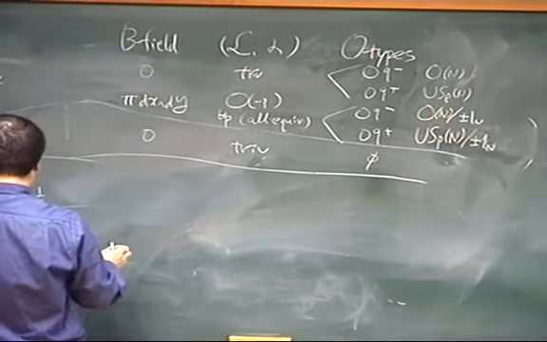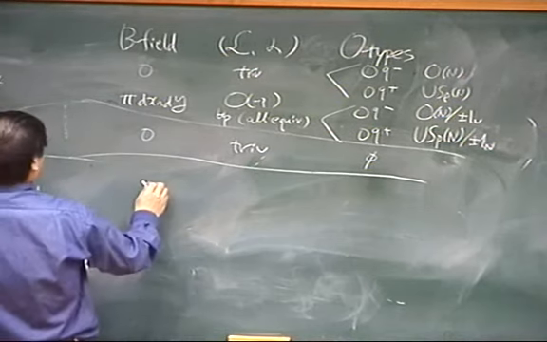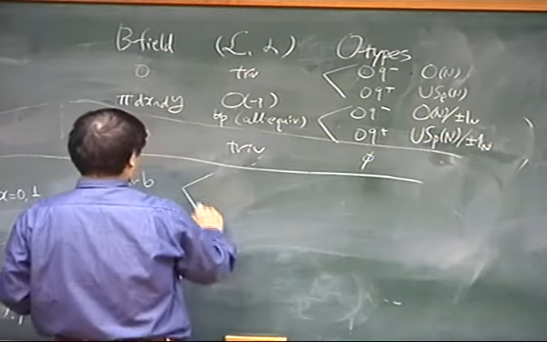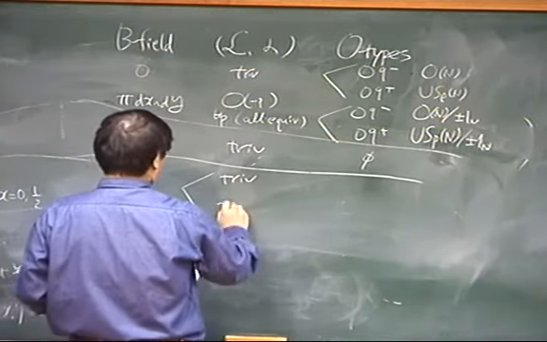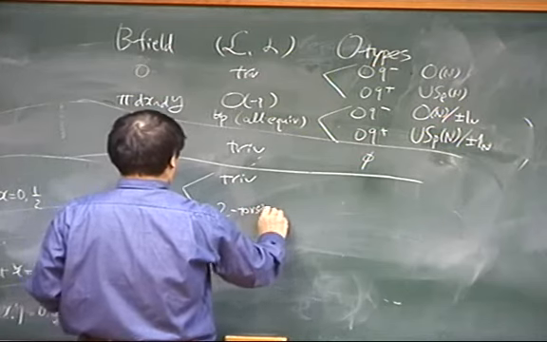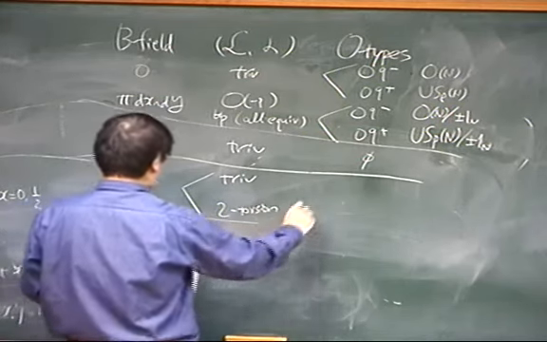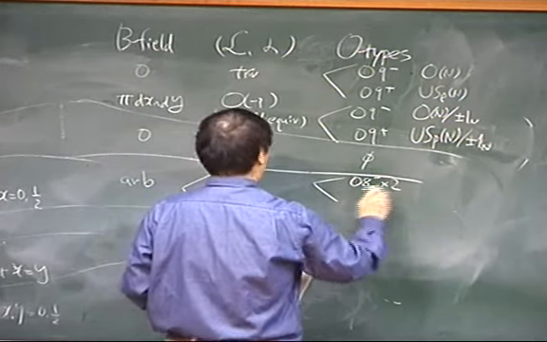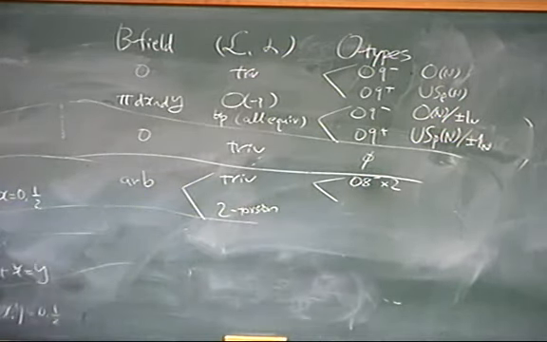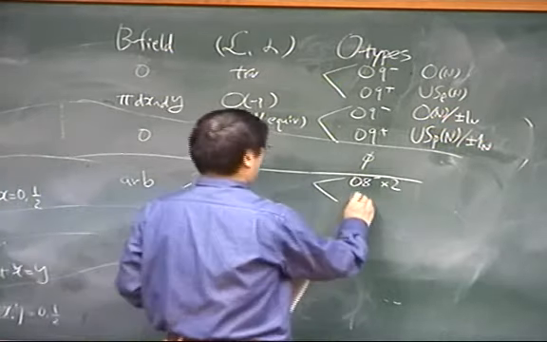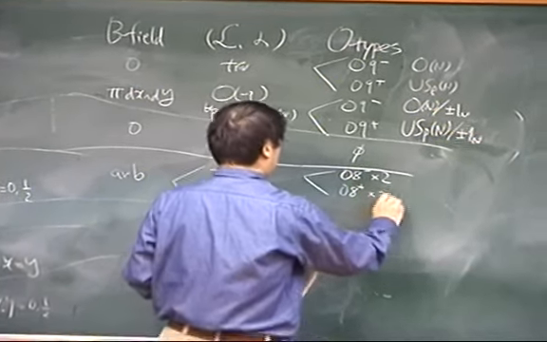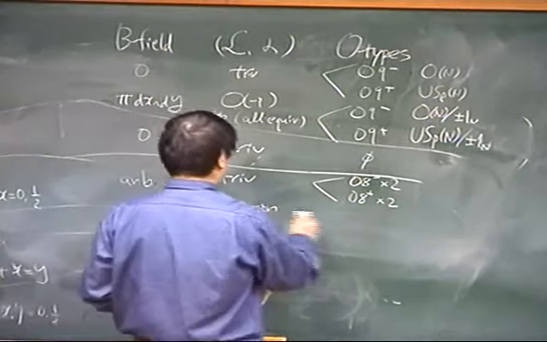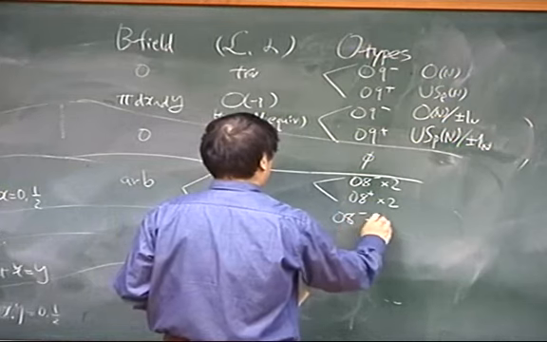And in the third case, the B field is arbitrary, and the line bundle is either trivial or the two torsion. And in this case, O8 minus, the two circles, so either both of them are O8 minus, or both of them are O8 plus, and in this case, O8 minus plus O8 plus.